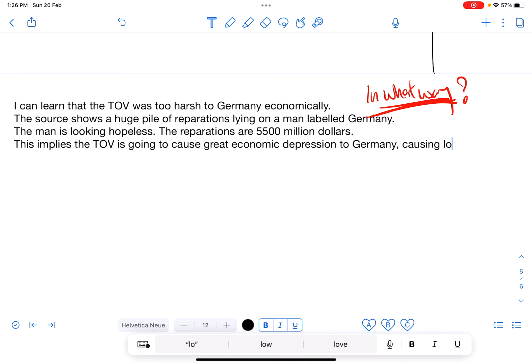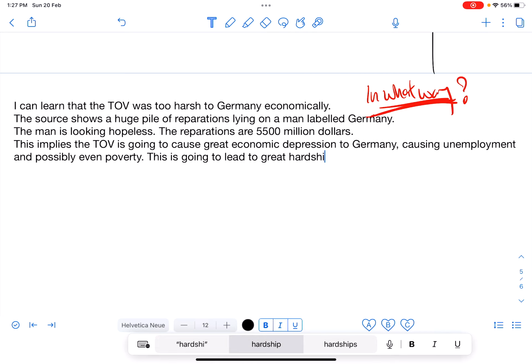Causing loss of jobs, causing unemployment, and possibly even poverty. This is going to have a direct impact, leading to great hardships for the German population.